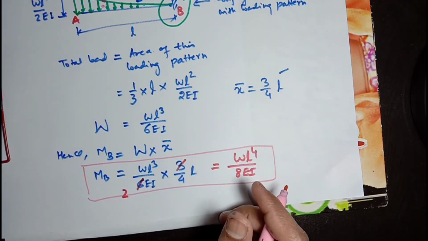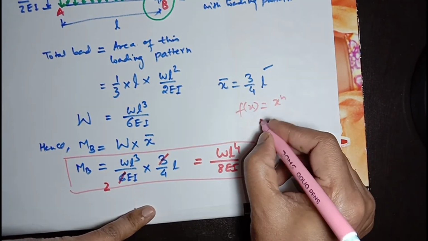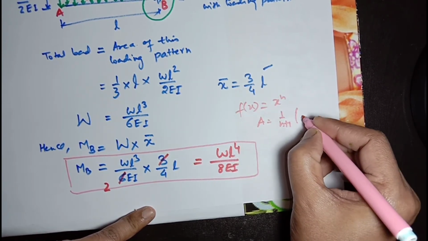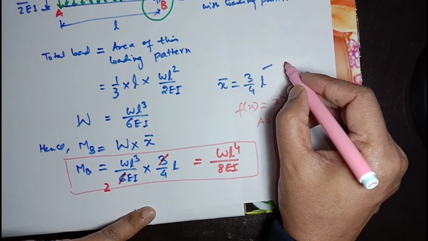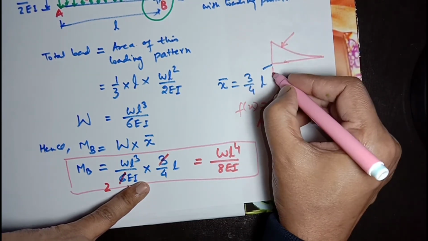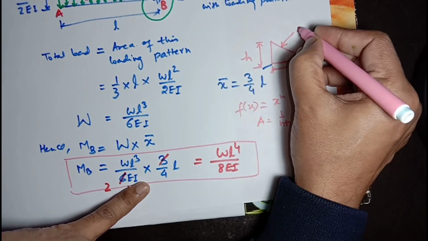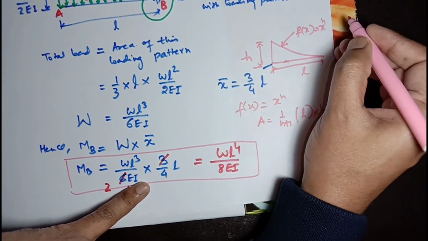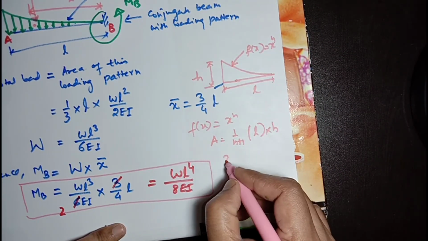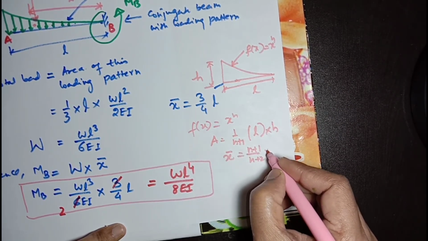Suppose the curve has length L and height h, and the function is x to the power n. Area will be 1 divided by n plus 1 multiplying with L into h, and x bar will be n plus 1 divided by n plus 2 into L.